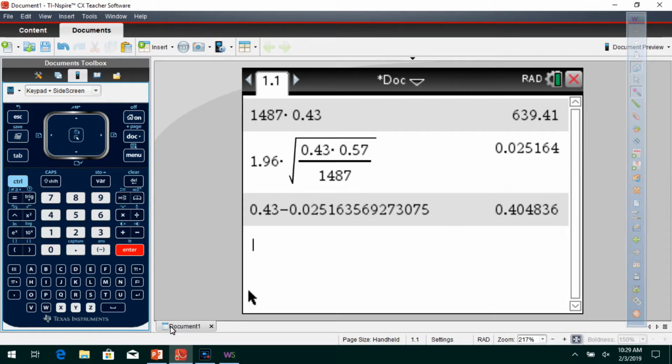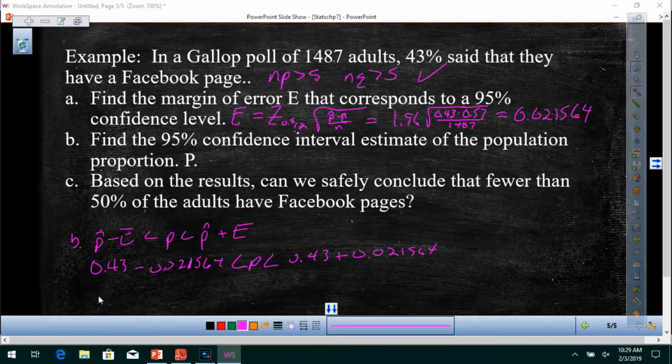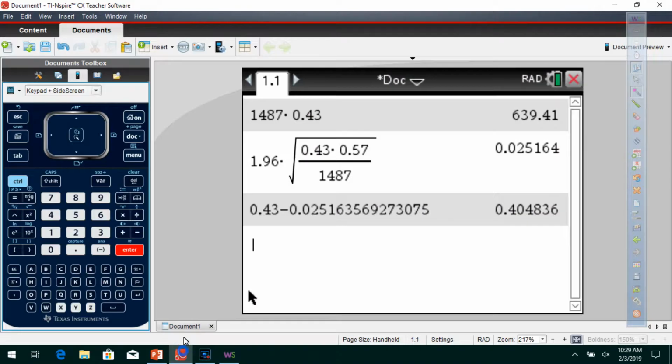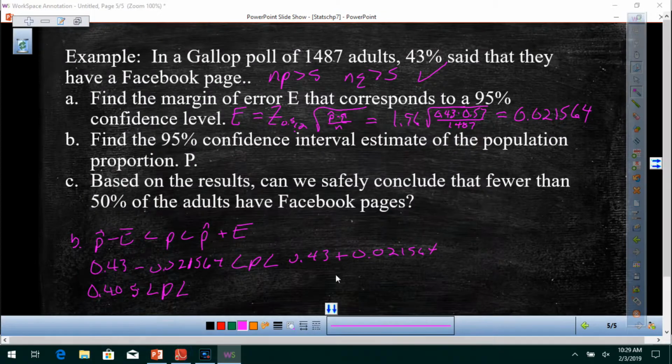So we're going to have 0.4048, so I'm going to say 0.405 is less than P is less than, and then now I'm going to do 0.43 plus, and again I'm going to go up and grab that, and I got 0.455.